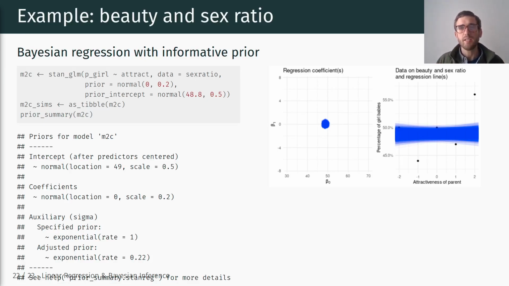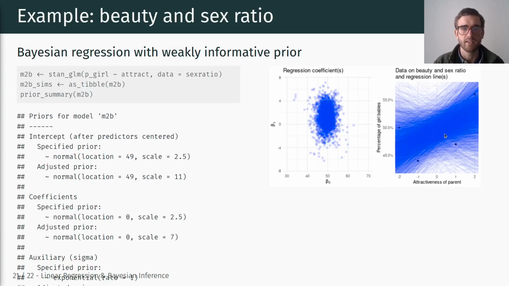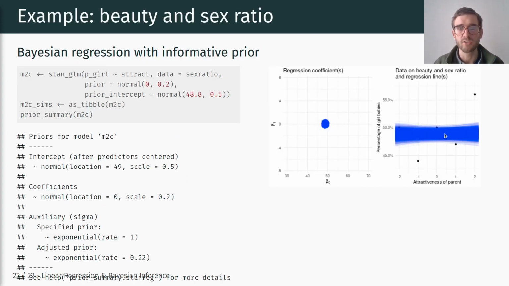So the key point here, though, is that if we think about this as a prediction task, okay, this model result is ultimately much more informative than this result, right? Despite the fact that we don't really observe a clear positive effect of attractiveness on the percentage of girls that are born. The precision of the predictions based on this model, including priors, is much greater.